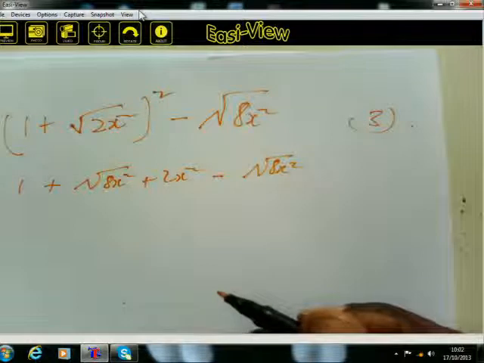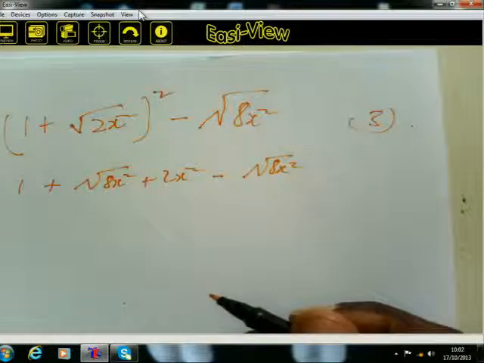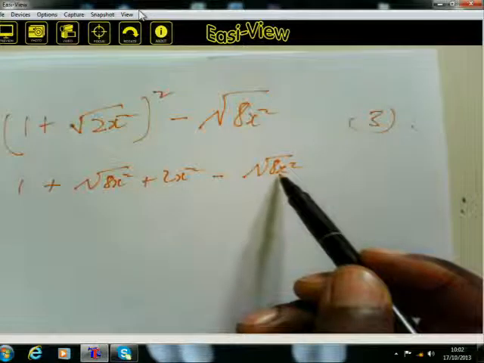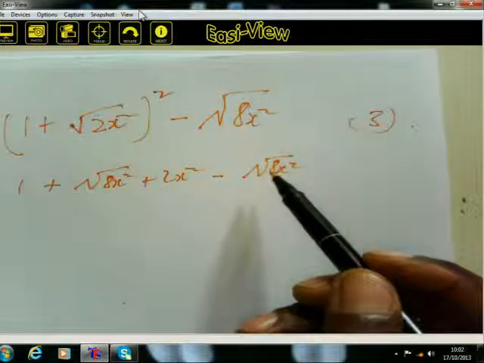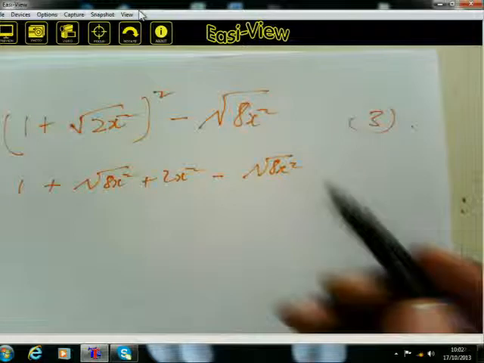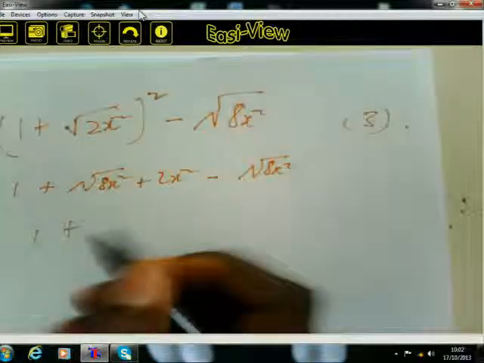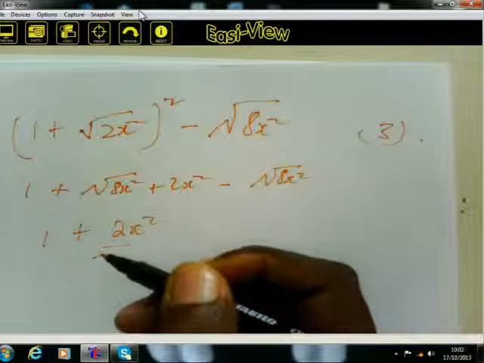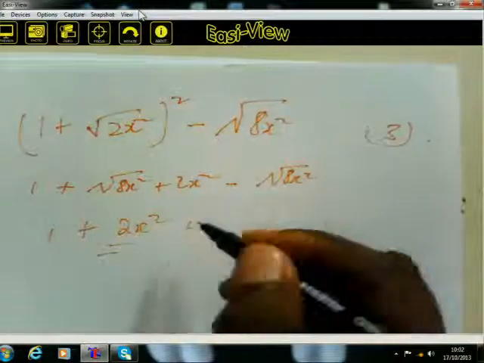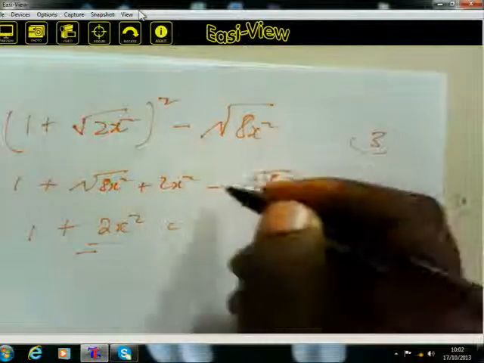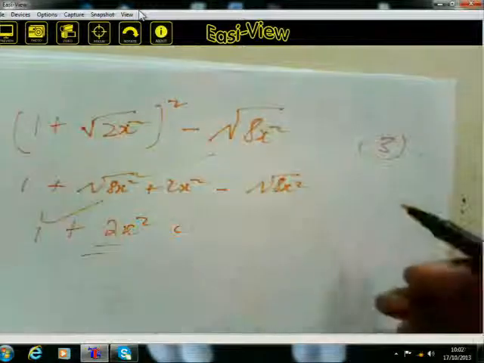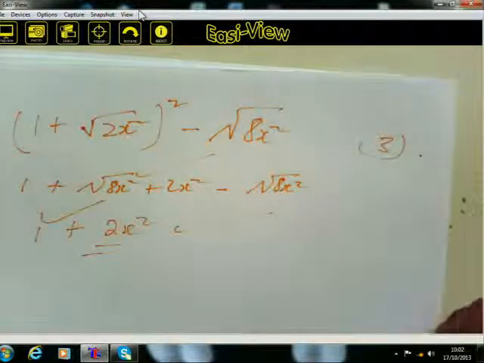Now what happens is this: plus the root of 8x squared cancels the minus root of 8x squared, so the answer becomes 1 plus 2x squared, and that counts 3 marks. That will be 1 mark for the answer, 1 mark for simplifying that, and then 1 mark for that other answer, and that counts 3 marks.